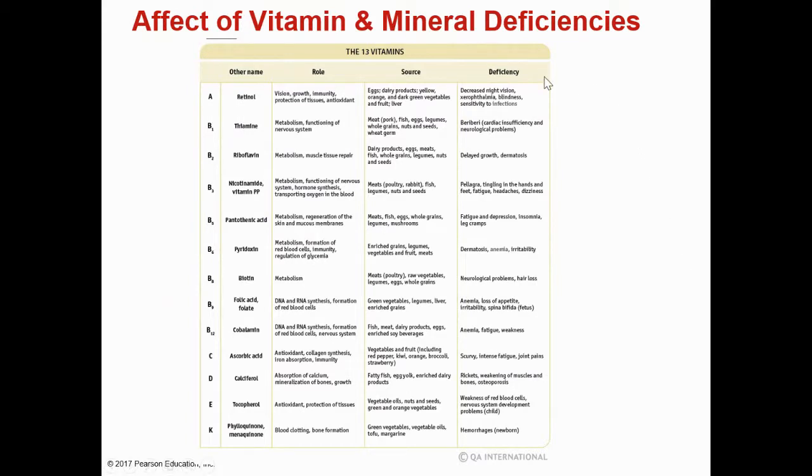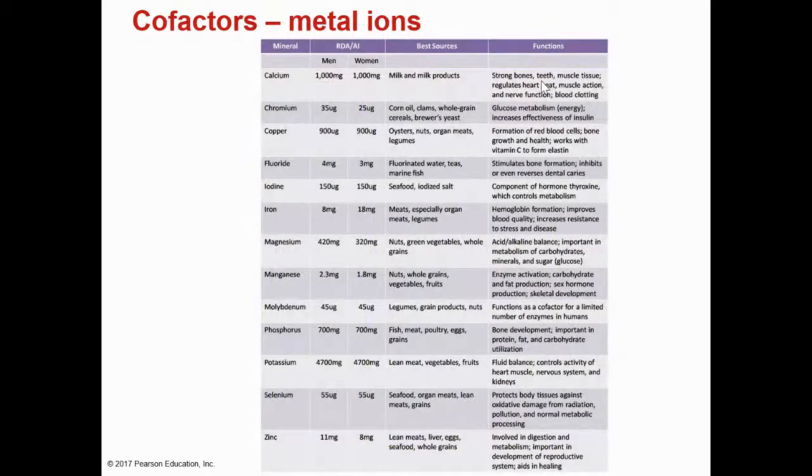And so you don't have to know specifically all the different vitamins and what they can cause and where you can find them, but it might be helpful to look to get an idea. You can see your metal ions listed here.